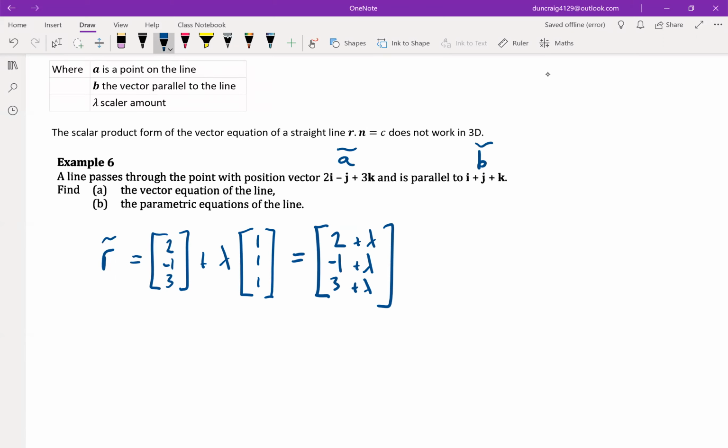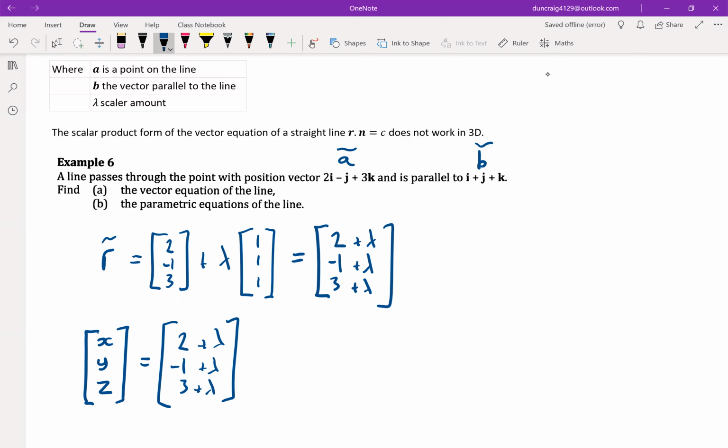And it's also asking us to write that as a parametric equation. So remember that r represents an x, y, and z coordinate, and so that's equal to 2 plus lambda, -1 plus lambda, and then 3 plus lambda.